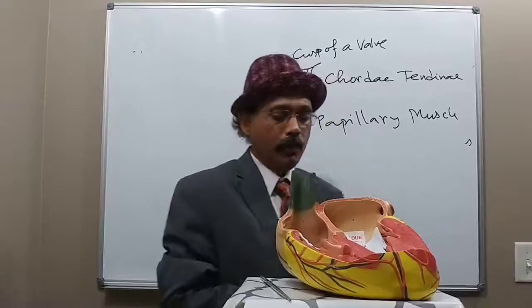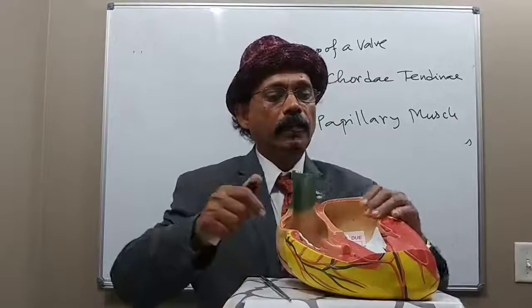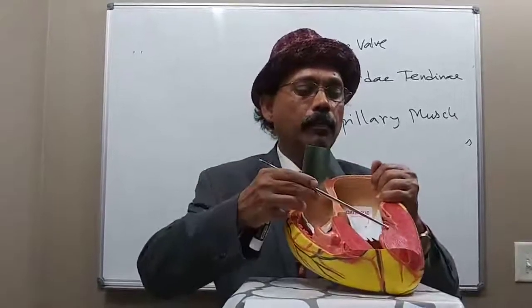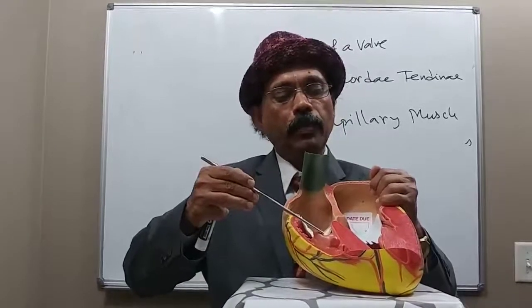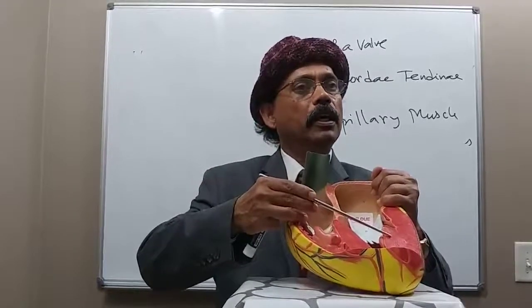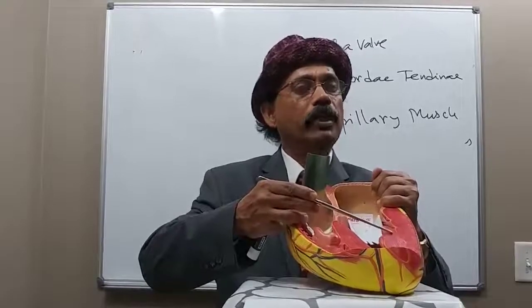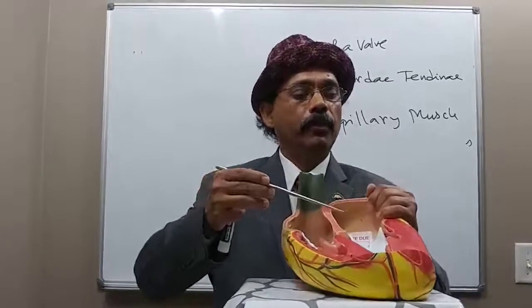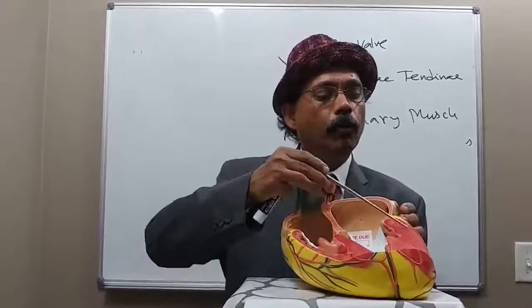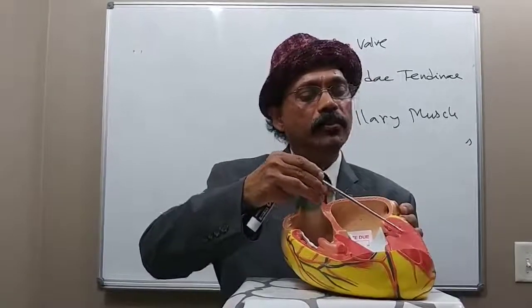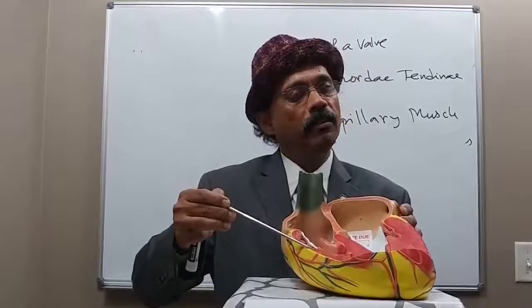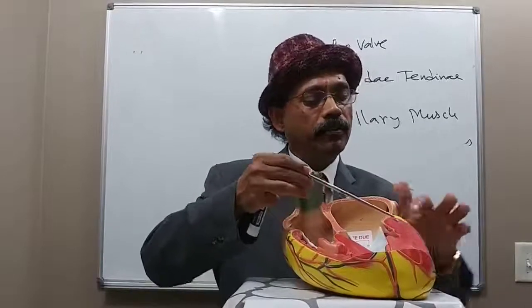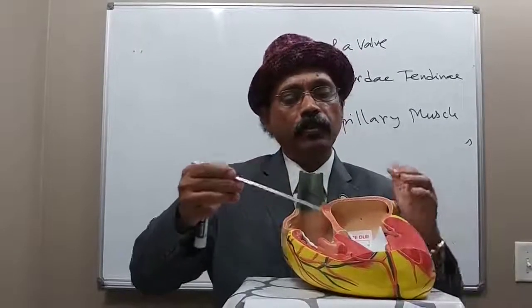We got the papillary muscle in the left ventricle. This is papillary muscle. Right ventricle, these are papillary muscles. Usually the left ventricular papillary muscle is larger than that of the right ventricular papillary muscles. Also if you look at the wall, left ventricular wall is thicker than that of the right ventricle. It contains thick cardiac muscle.